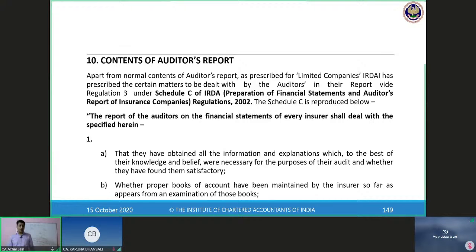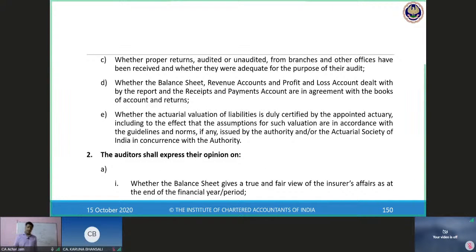Whether proper books of accounts have been maintained by the insurer so far as appears from the examination of the books. So you can see that it's a specific kind of declaration which is required to be given by the auditor. Whether proper returns, audited or unaudited, from the branches, other offices have been received, and whether they were adequate for the purposes of their audit.